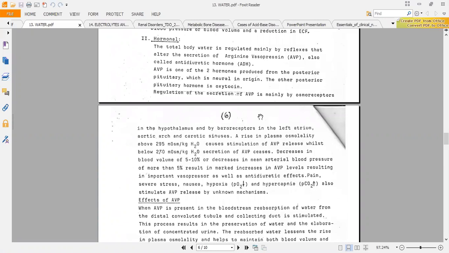One, increased osmolarity. Two, hemorrhage, someone who is bleeding. Three, pain. Four, someone who is stressed. Five, nausea. Six, high carbon dioxide level. Seven, low oxygen level. So all these are important stimuli of vasopressin.